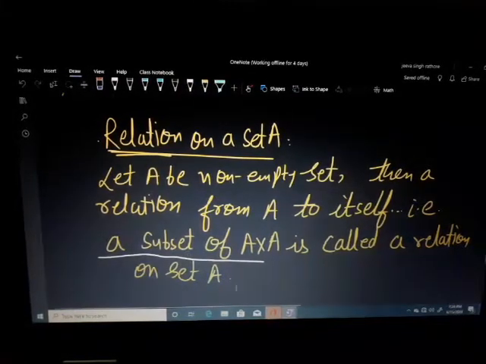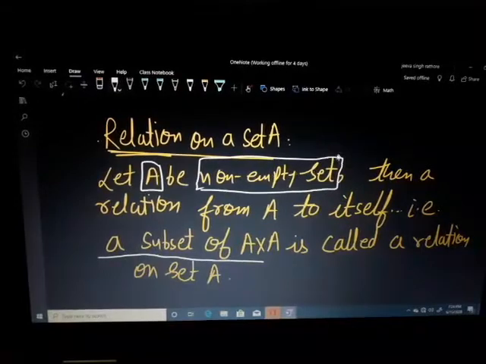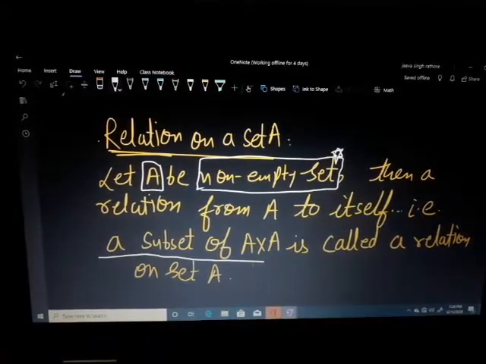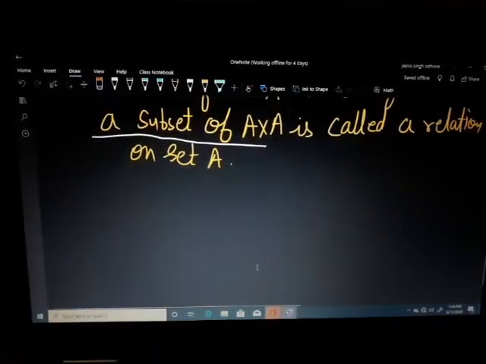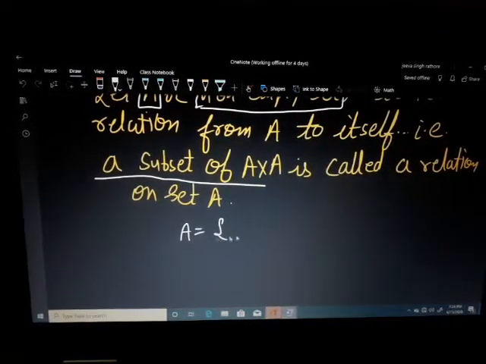For example, the set must be non-empty. This is a very important point. Suppose a set A has the elements 1, 2.